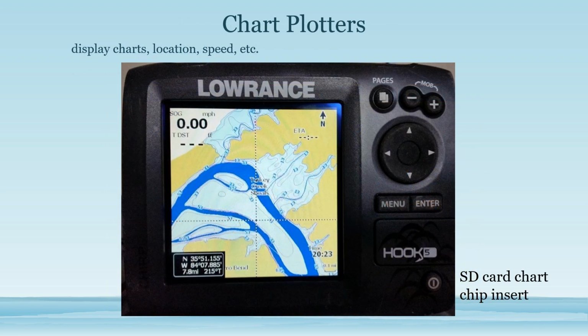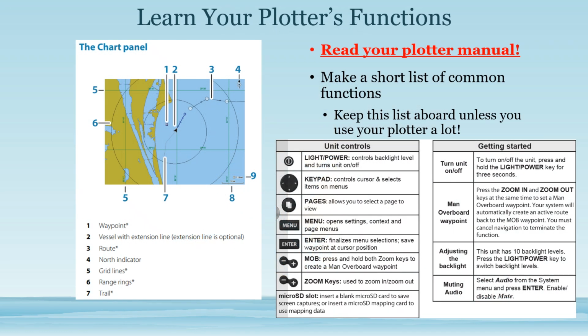Here's an example of a compact chart plotter with charts, planned routes, and tracks stored on a micro SD card. You should read your plotter's manual thoroughly and then make a one-page laminated cheat sheet to help you remember the plotter functions that you use frequently.